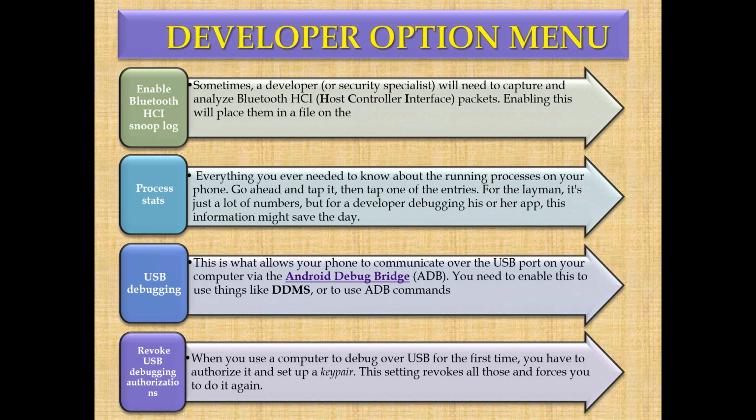I will explain to you what revoke USB debugging authorizations is. USB debugging authorization is again part of ADB. It can cause a problem when you're using Android Debug Bridge in Android Studio. It basically connects your device to Android Studio, and all of a sudden you receive the message, device unauthorized.